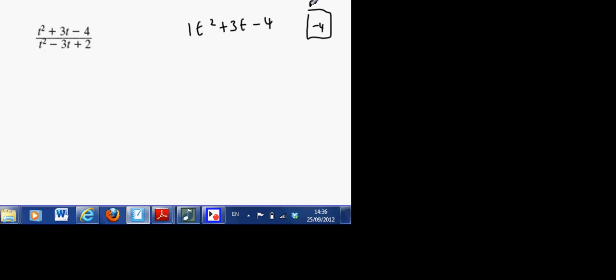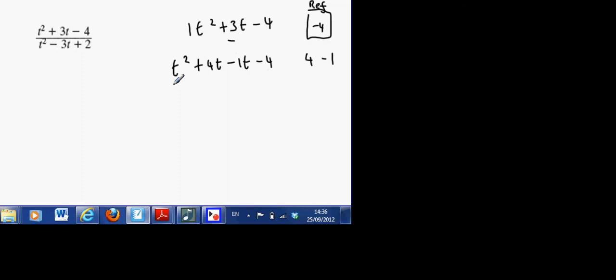Then we break up minus 4 into two numbers that will make plus 3, the middle number. Factors of minus 4 are 4 and 1. One of them needs to be a minus, so it's going to be minus 1. We're going to get t squared plus 4t minus 1t minus 4.